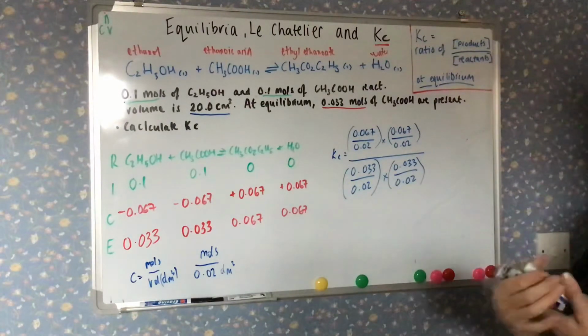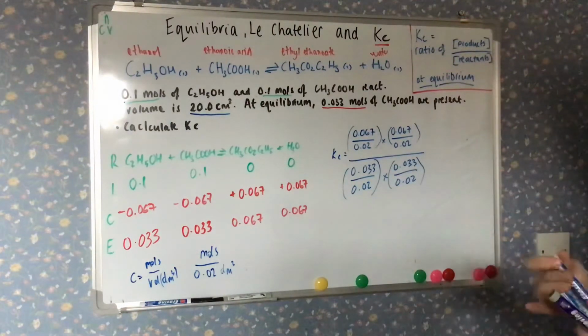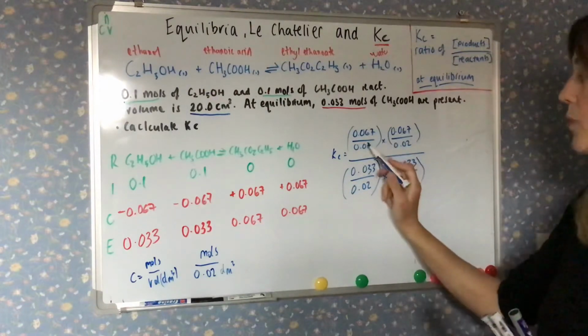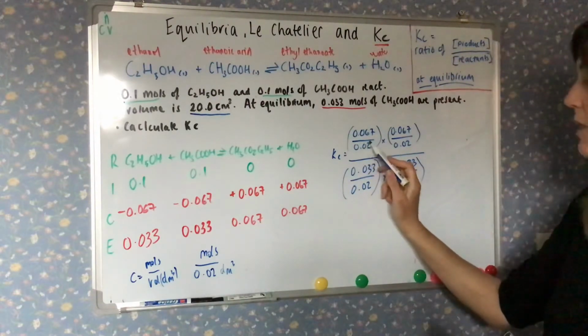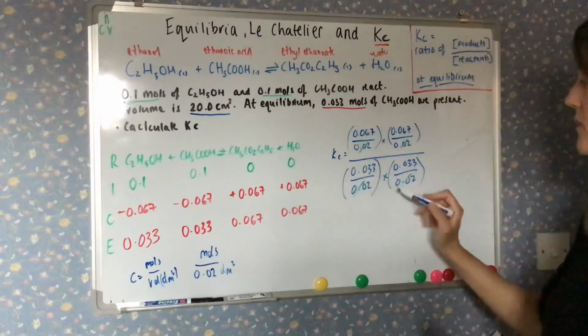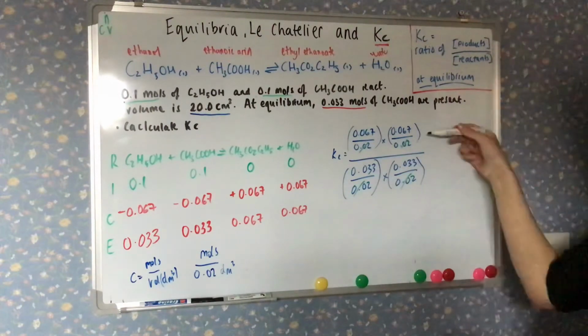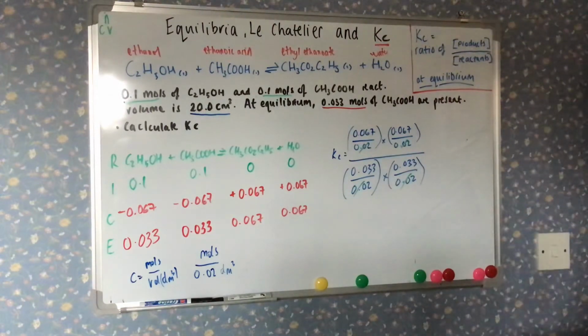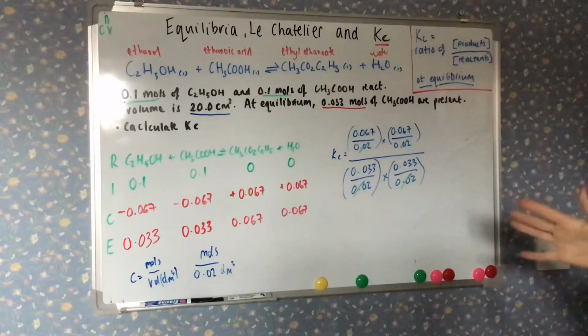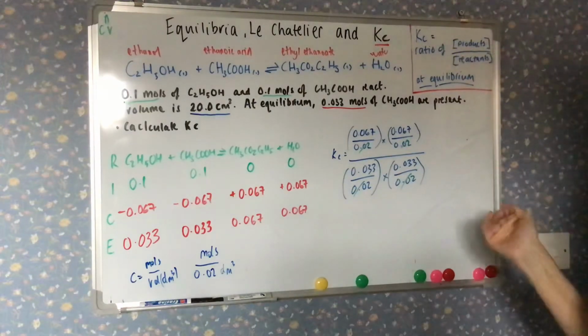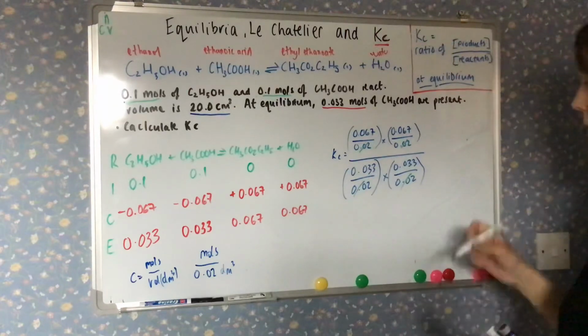But hopefully you can see in this case that you wouldn't actually need to work out the concentration every time, because it cancels, because you've got exactly the same number of moles at the top as you do at the bottom of the expression. So you don't need to do that in this case, but if you do, you still get to the same number, so it's fine.